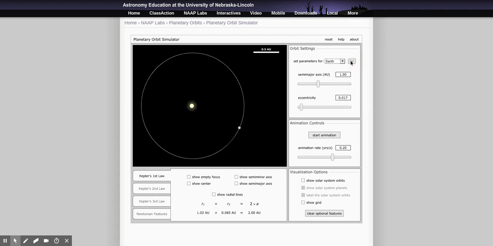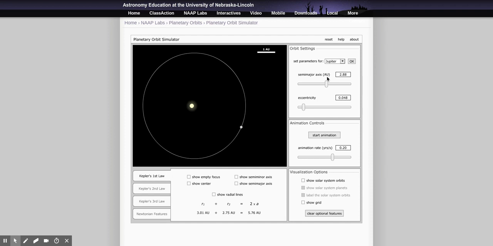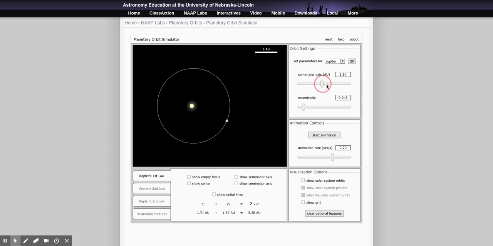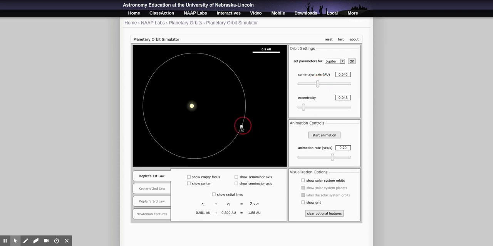So here's the Earth. This is approximately what its orbit looks like. And here's Jupiter. Now, ultimately, when I change these settings, all I'm changing are two variables in the planet's orbit. One is its semi-major axis, which is our measure for how far away this planet is from the sun.